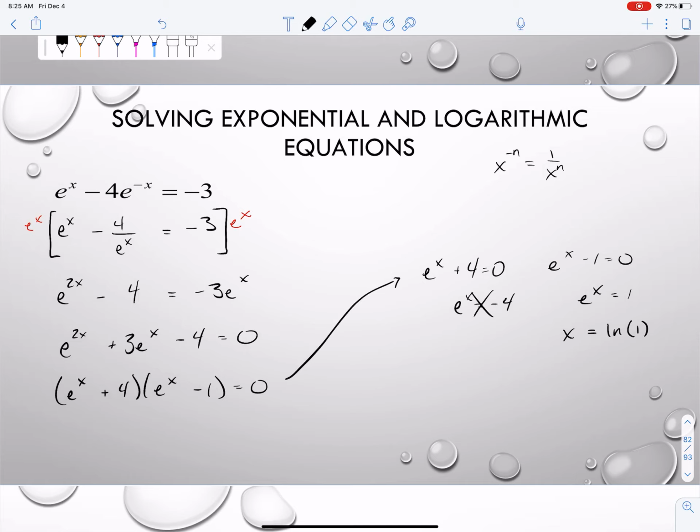Anything to the what power, in this case base e to the what power, equals 1? In this case x is 0. I could have also picked that up from here: e to the x equals e to the 0, or x equals 0, since I had the 1 there. If you didn't notice it that way, that's fine. But one way or another, your answer here is going to be x equals 0.